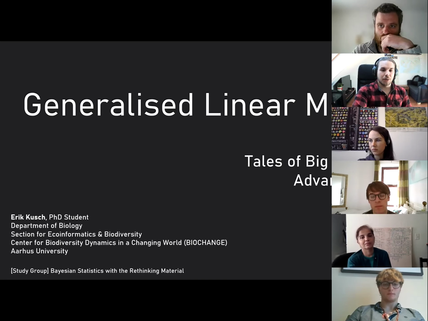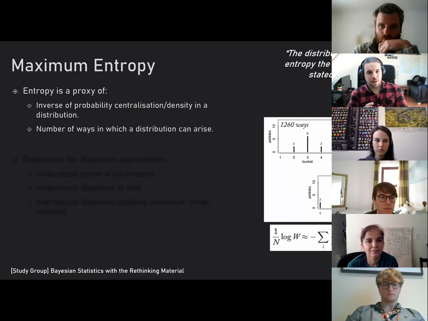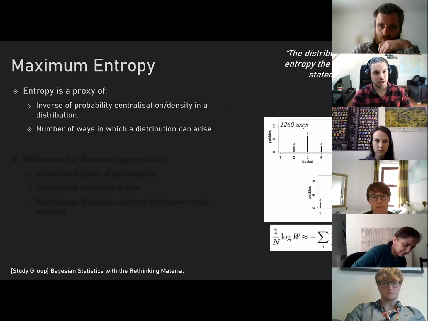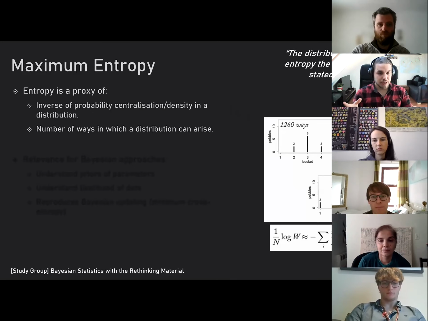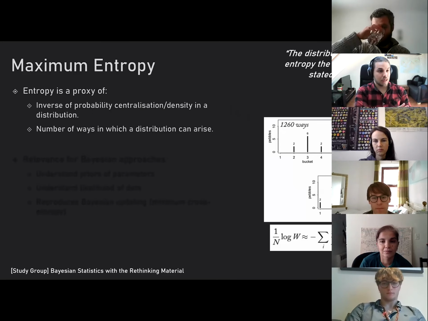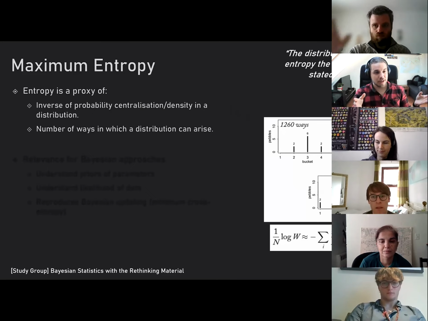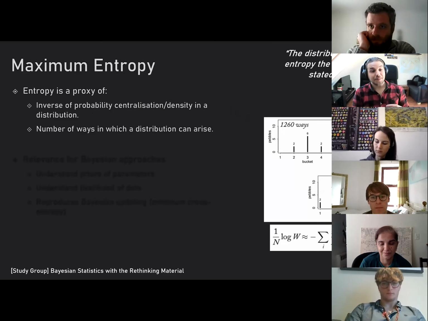First, I'll give a quick recap of maximum entropy, then move on to the actually important things for us with generalized linear models. So if you've read the chapter, which I hope you have, you will have noticed, as have I, that there was about 80% maximum entropy and then 20% generalized linear models. You'll have the inverse of that in this presentation today.